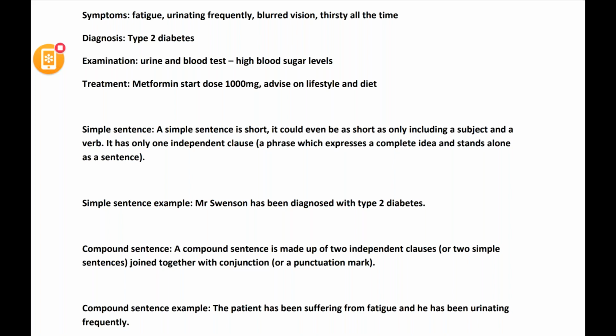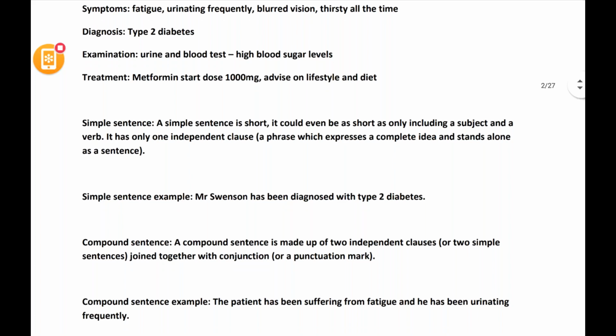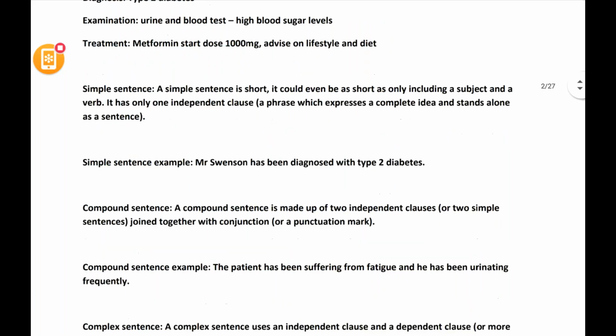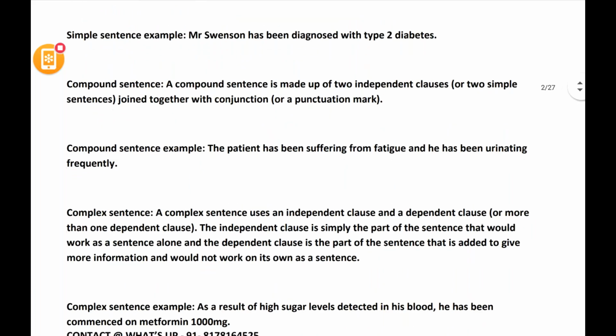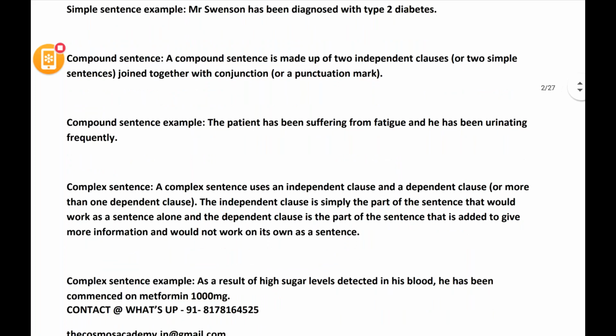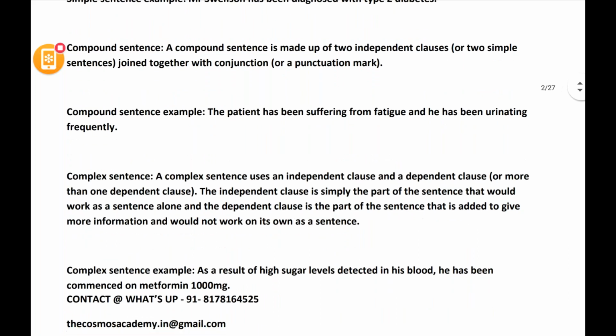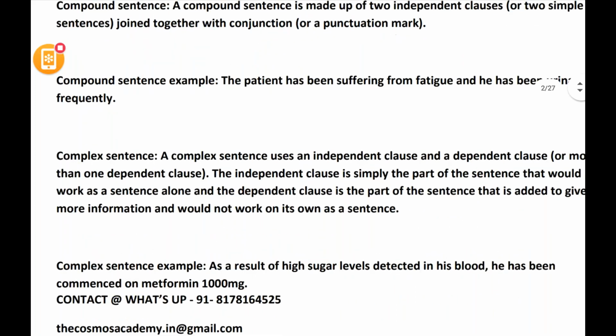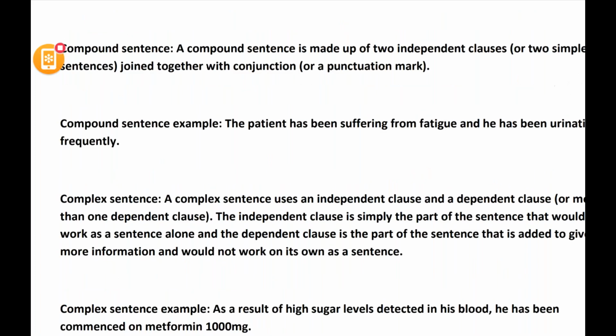Okay, so coming to the third sentence, which I called the complex sentence, as I gave you an example, it depends on each other. Now look at the example they have given here: as a result of high sugar levels detected in his blood, he has been commenced on metformin 1000 mg.